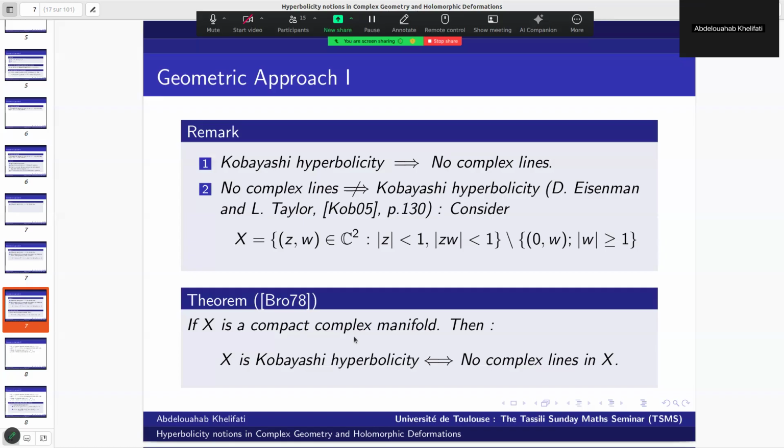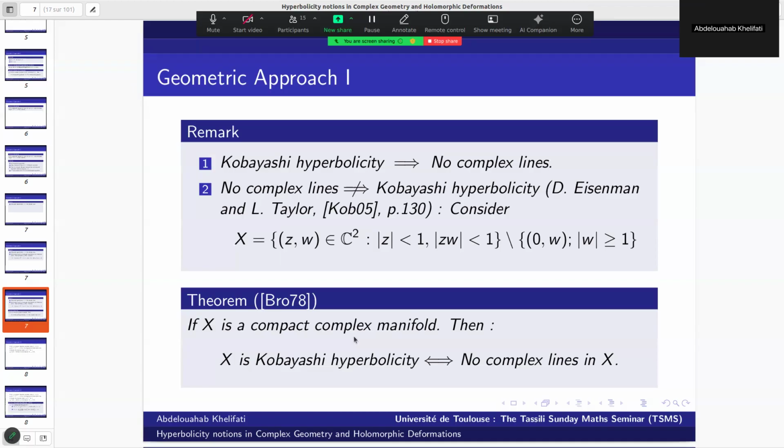Thanks for the question, because I was going to mention it anyway. The Brody lemma is some kind of reparameterization. You have a holomorphic map, so we have some kind of velocity at some point, let's say at the point 0.